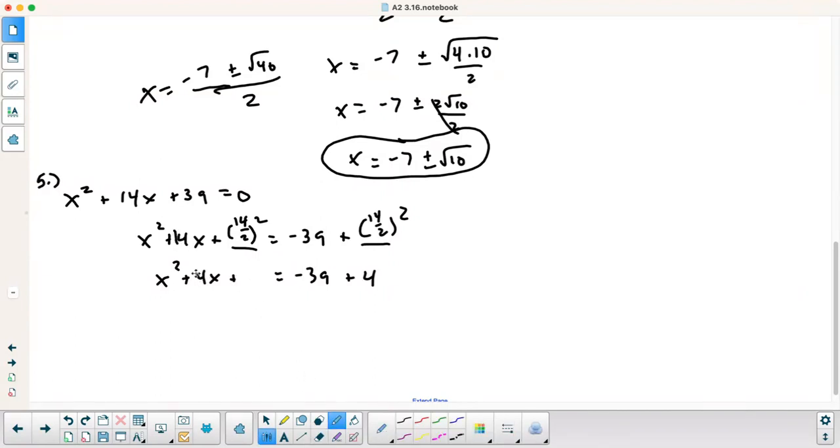Copied the problem wrong. Okay. So, sorry about that. So this is going to be 7 squared. It's actually 49. And then this will factor. If you want to factor with the box, do it. I'm just going to do it in my head here. And there we go. Square root both sides.